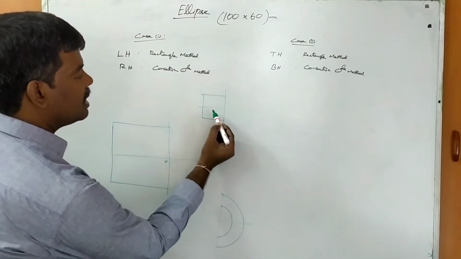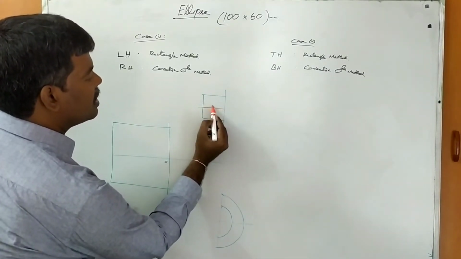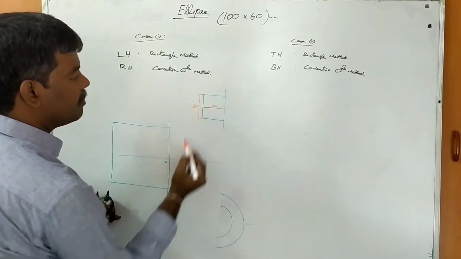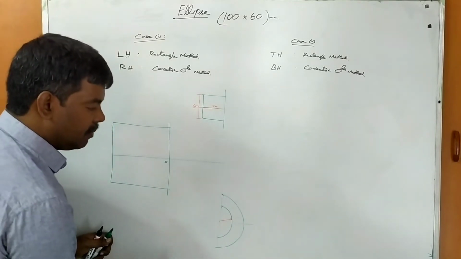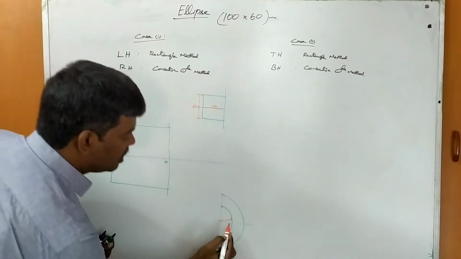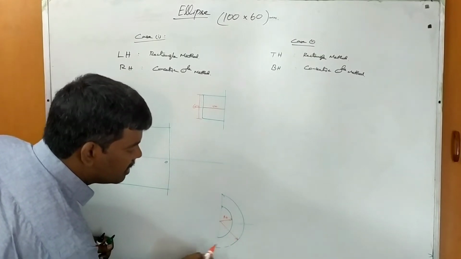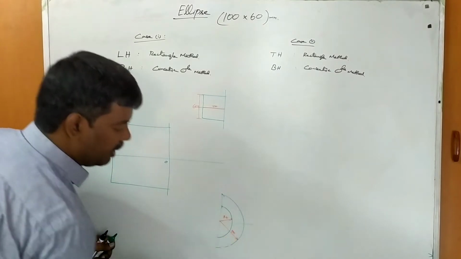So this size is 100 total, here 50 distance, and this one is 60. Similarly, the smaller circle arc radius: diameter 60 means radius 30. Similarly, the major axis semicircle: 100 mm means radius 50.